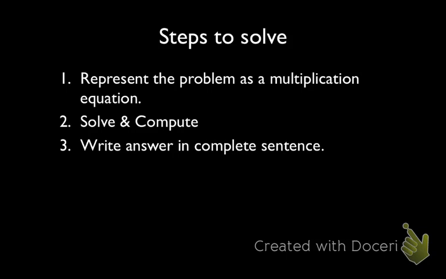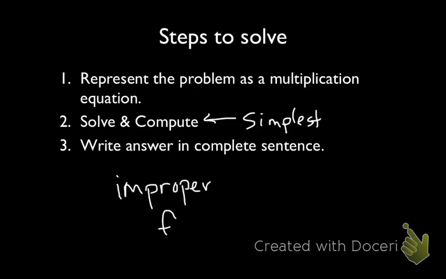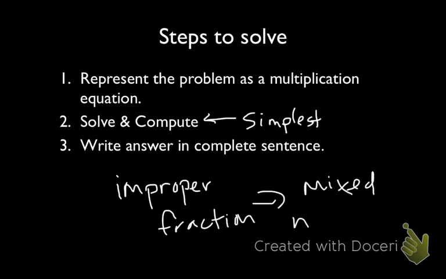And of course, when we solve and compute, we're going to want to find out if it's in simplest form, and if we have to change from an improper fraction into a mixed number. And then, of course, again, write the answer in a complete sentence using the context of the word problem.